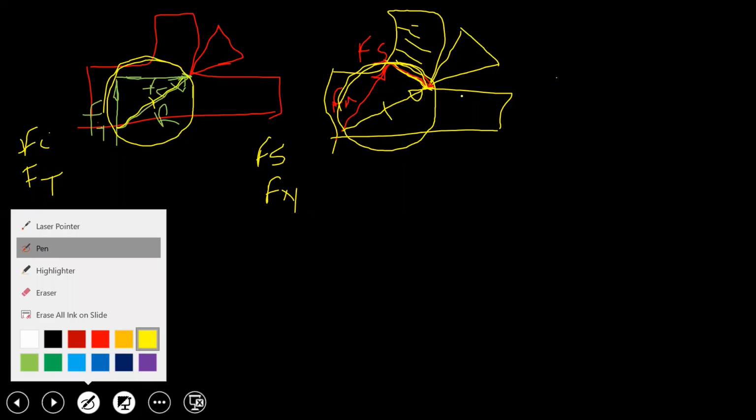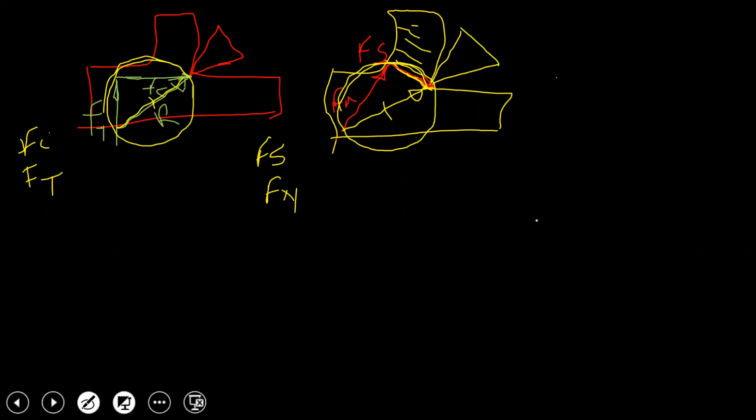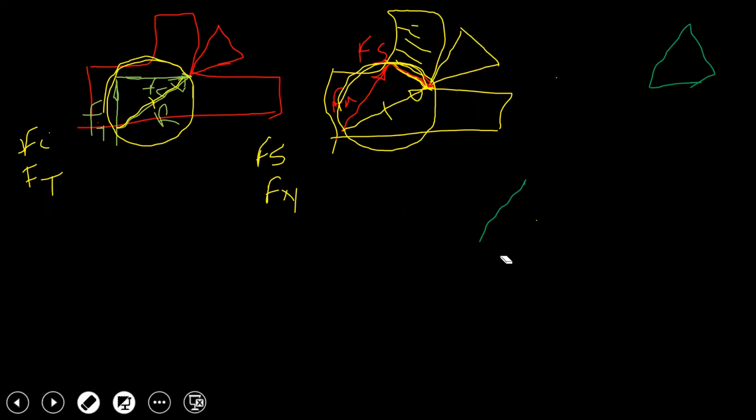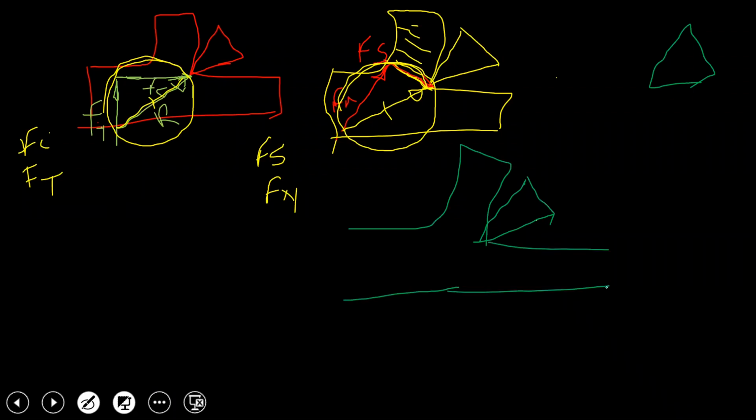Third one. I'll draw it over here. So this is a single point cutting tool, chip, finished surface, and uncut surface. Okay.